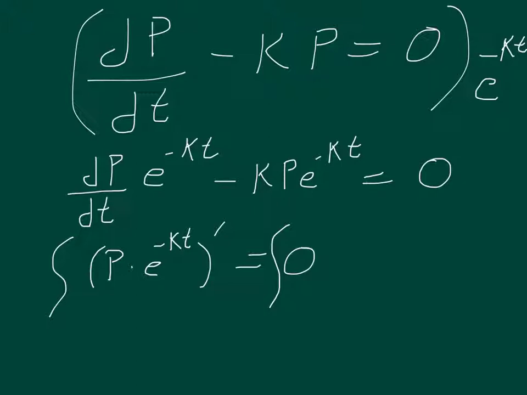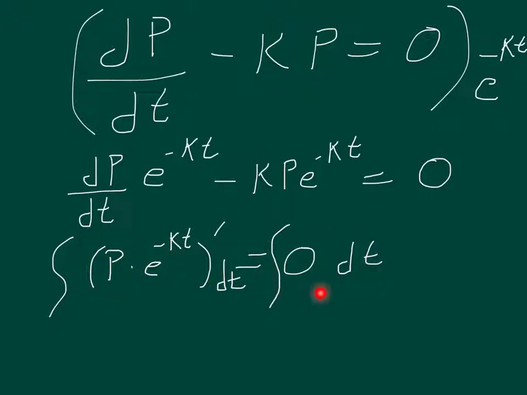But anyway, you want to integrate both sides, and you want to make sure that you're integrating with respect to t. Both sides, right there. Okay. And so if you integrate a derivative, what you get is the function, right? These two processes of integration and differentiation cancel each other out, and then you simply get your function.